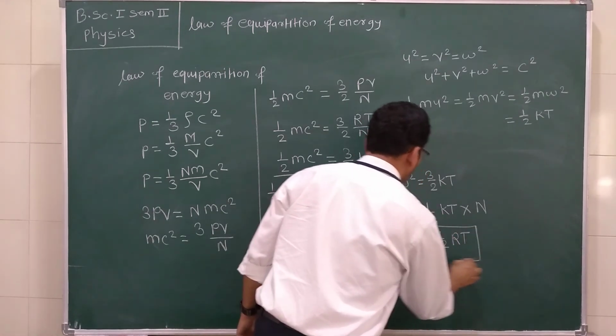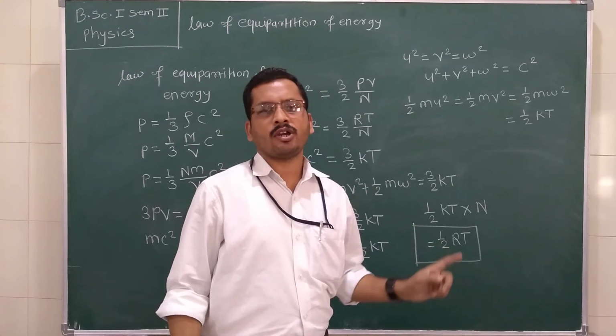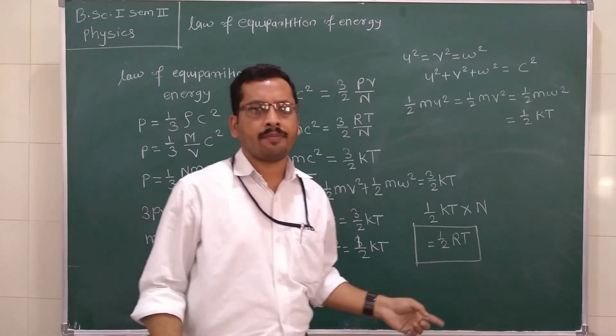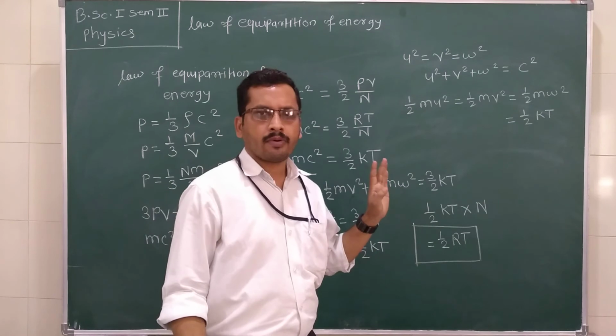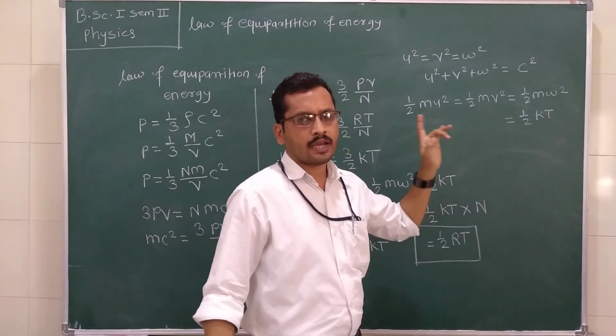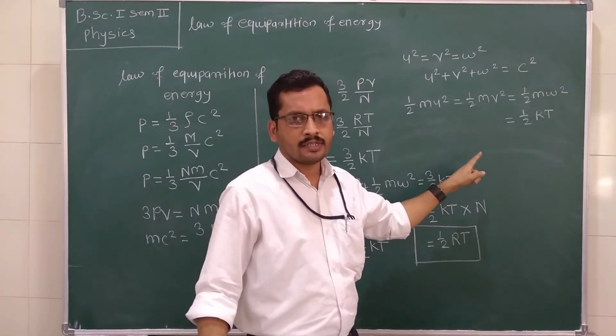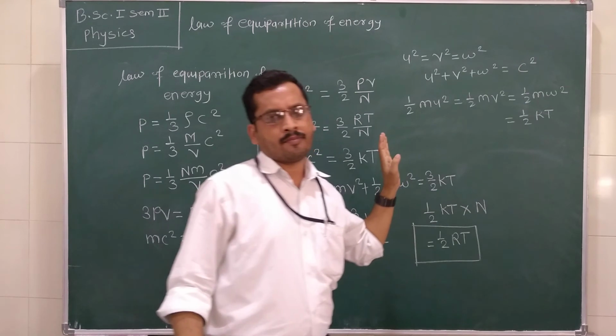So 1/2 RT is the average energy of a gas molecule per degree of freedom for 1 mole of a gas. And 1/2 kT is the average kinetic energy of a gas for a single molecule.